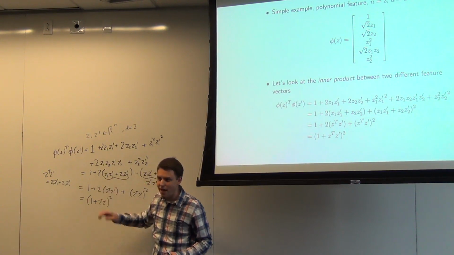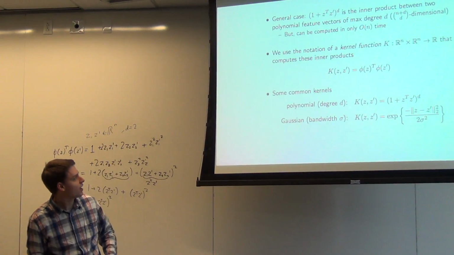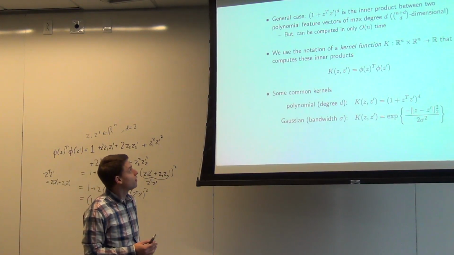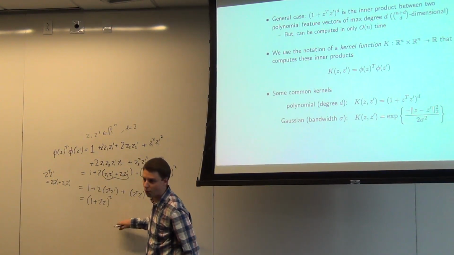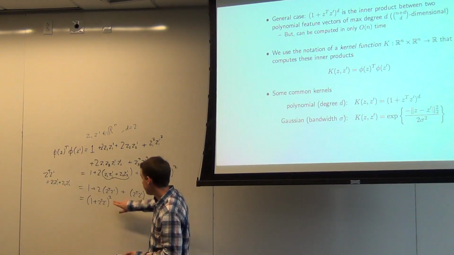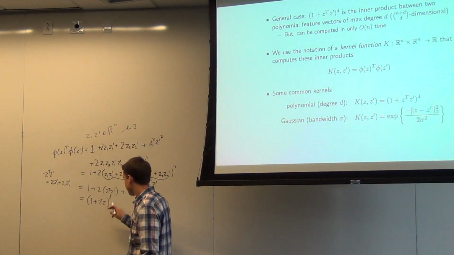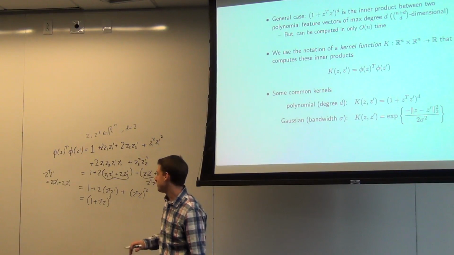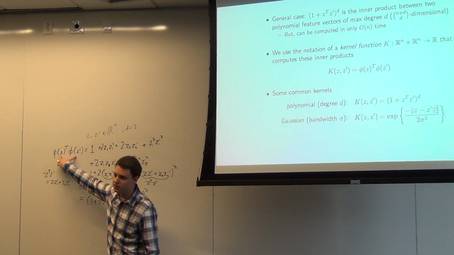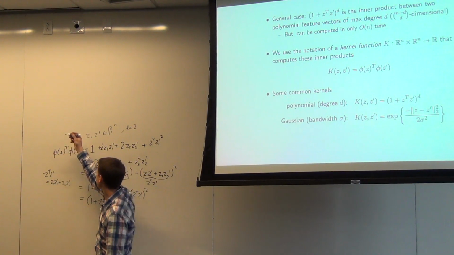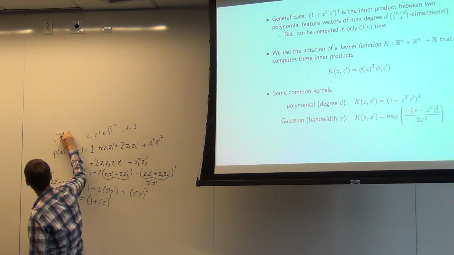And this exact same math, by the way, I forget if I have the formal definition here. Yeah, I do. It turns out that this is a very general statement. We won't prove it here, but basically, if you take this thing and raise it to the d, that is equivalent to taking d-dimensional polynomial feature vectors. Remember, those would have n plus d choose d terms.